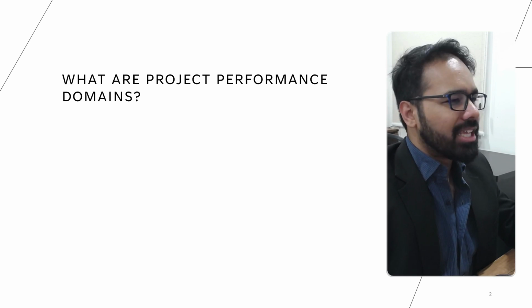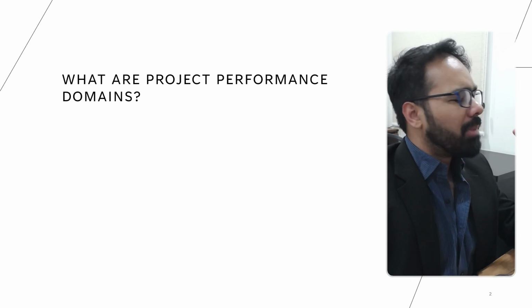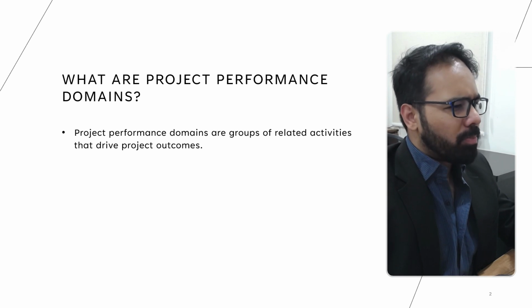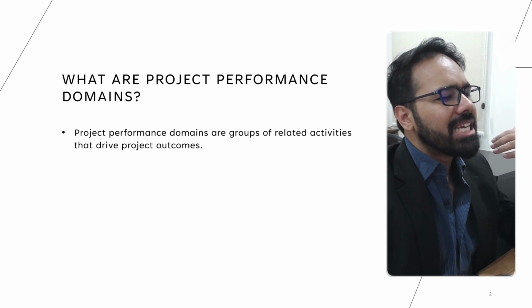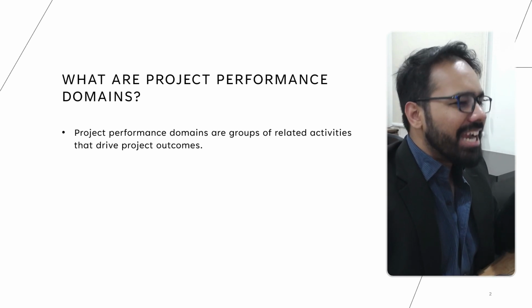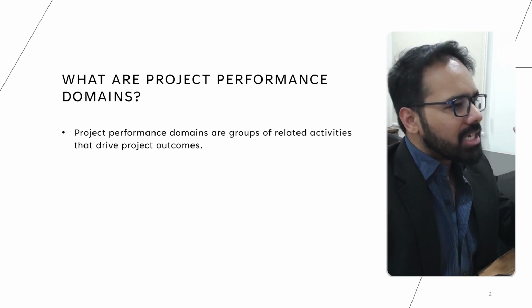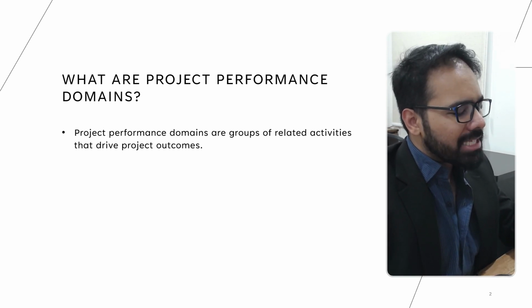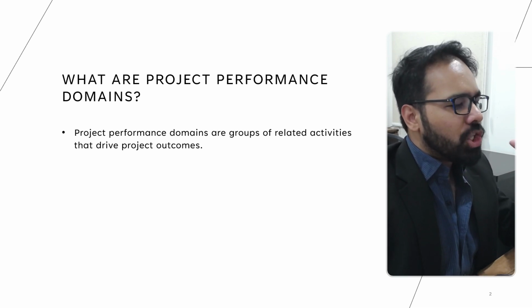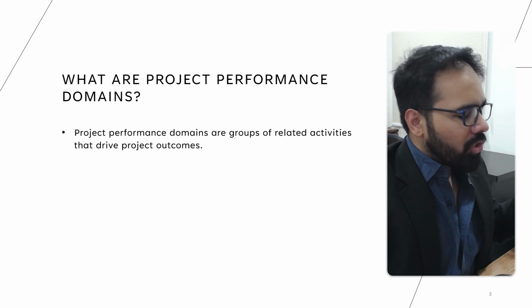I mentioned that there are 8 in total, but what exactly are these, right? So project performance domains are basically groups of related activities that drive project outcomes. What this means is that project performance domains, they represent a key focus area that you juggle from kickoff to close.